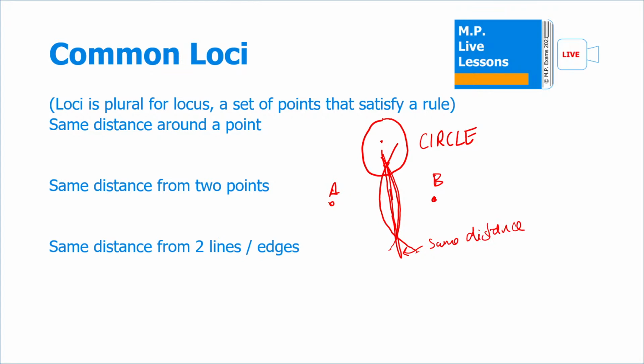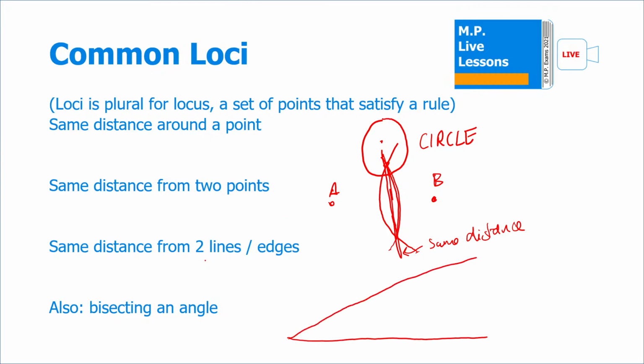Another one could be the same distance from two lines or edges, which is also like bisecting an angle or splitting an angle in half, such as you'll have a flat line here and another line here. What you do first from this point is that you'll have your first set of arcs like here and here. So then you can set the compass distance to any distance you like, but it should be long enough, but not too long. Those are your first arcs, where you swirl the compass round, keeping the sharp point at this end here.